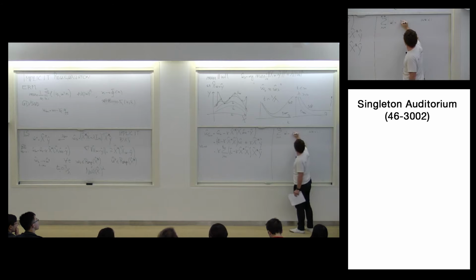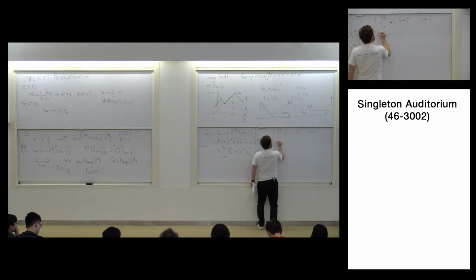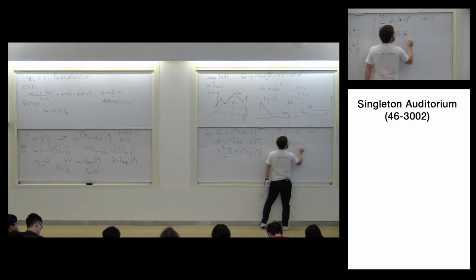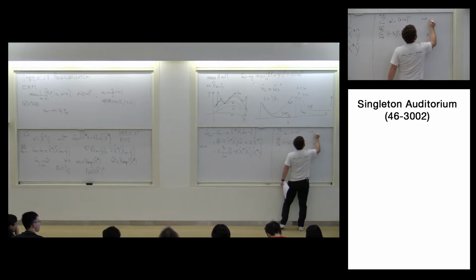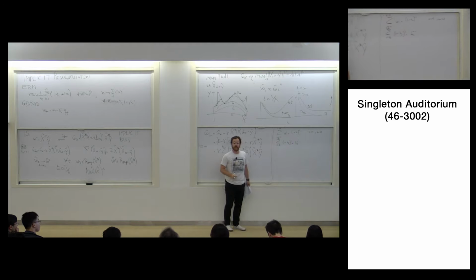You get 1 minus a to the minus 1, okay? If you take 1 minus b to the j, you get b to the minus 1.